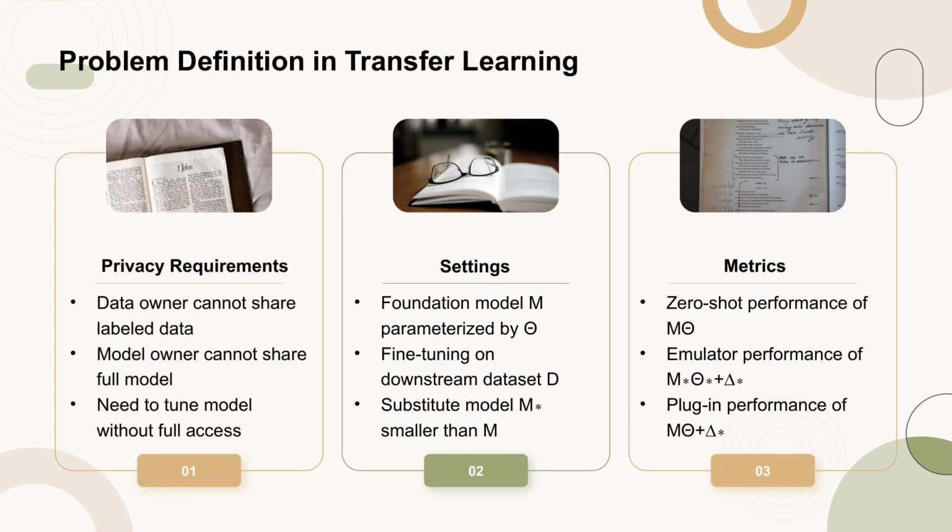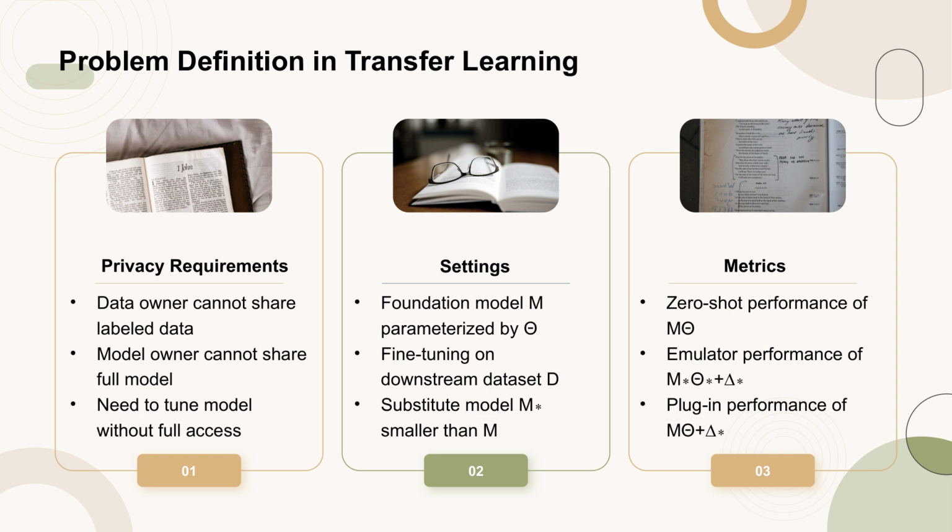In transfer learning, privacy is a significant concern. The data owner cannot share their labeled training data, and the foundation model owner cannot share their full model. The challenge is to tune the model on the data owner's data without accessing the full model weights. Given a foundation model M parameterized by θ and a downstream dataset D, fine-tuning typically yields M(θ + Δ).